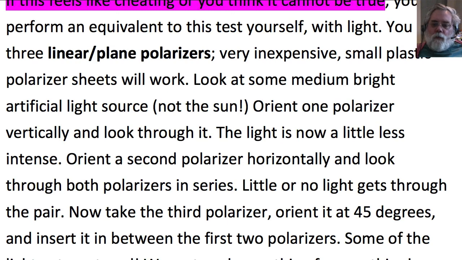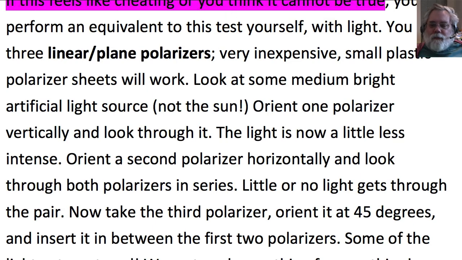Orient a second polarizer horizontally and look through both of them in series. Now, little or no light gets through the pair. If they were perfect polarizers, no light should get through and it should be jet black. But real polarizers are not perfect and you're not holding them perfectly perpendicular.